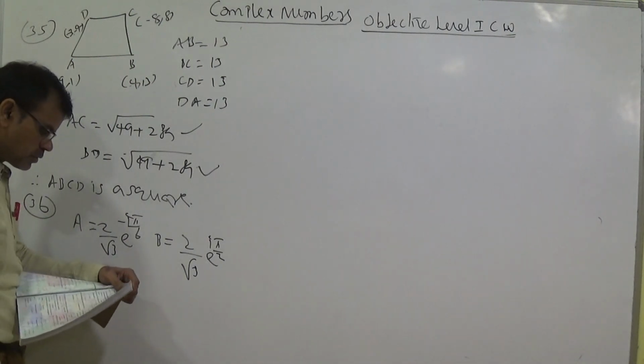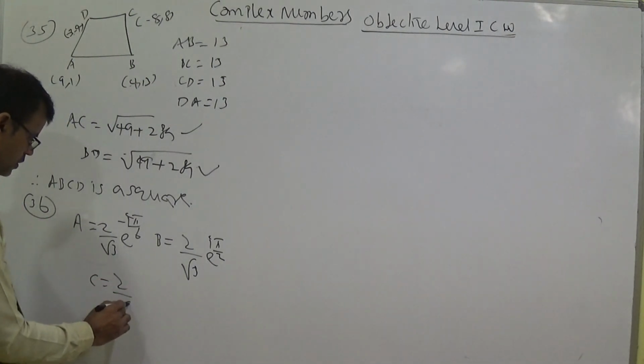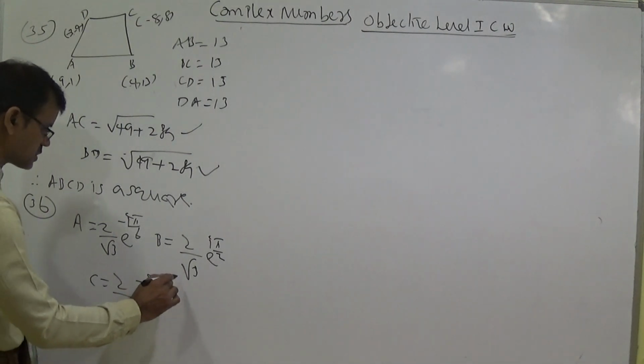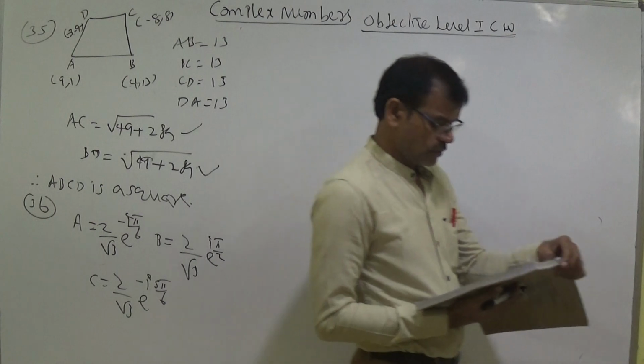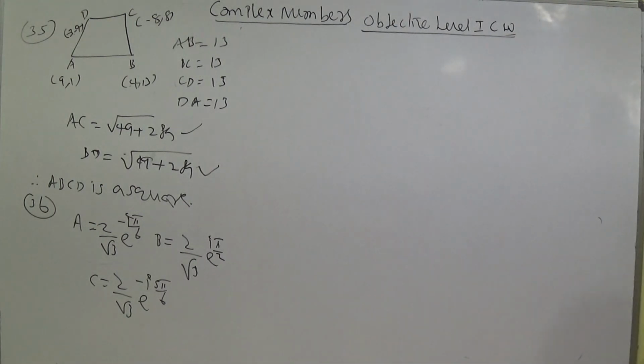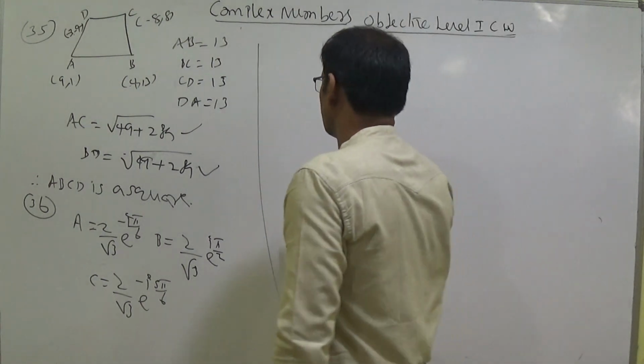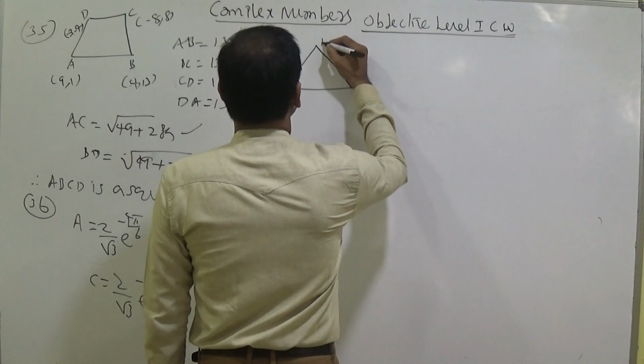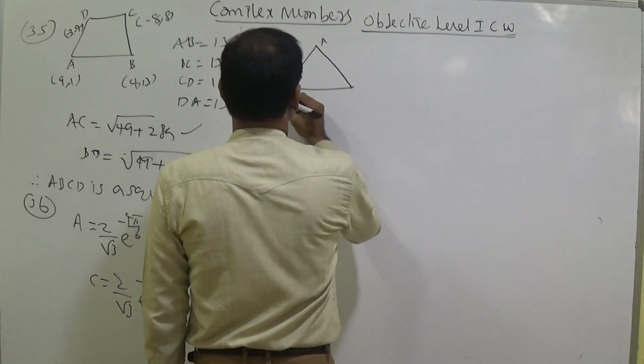C is equal to 2 by root 3 e power minus i into 5 pi by 6. What is the triangle? Draw a rough diagram. Put here A, here B, here C.